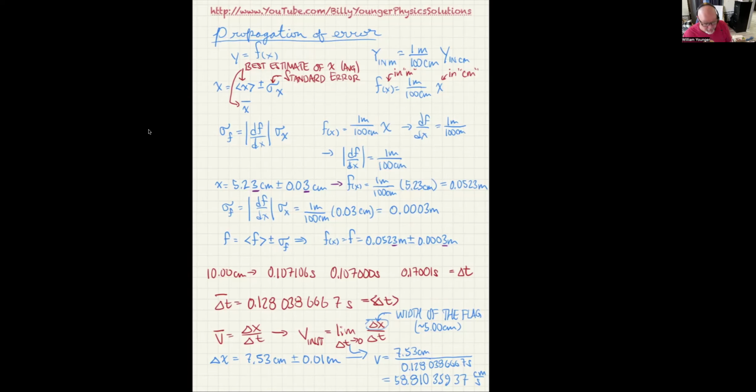And I just got that the standard deviation of t is 0.0363482828, and that's in seconds. So that's the standard deviation in seconds.